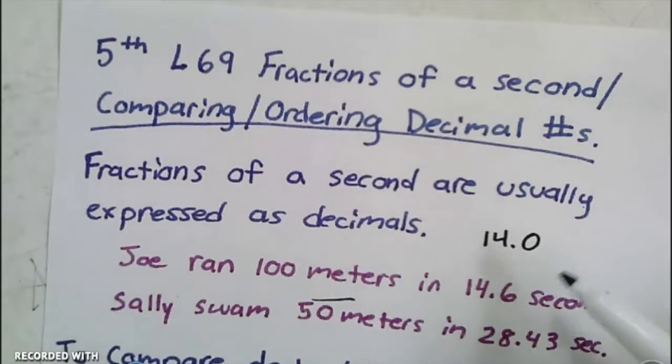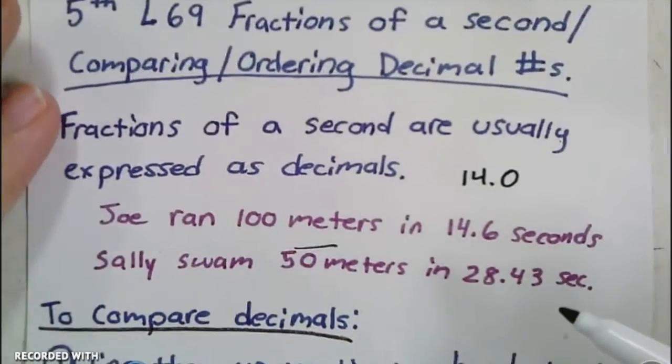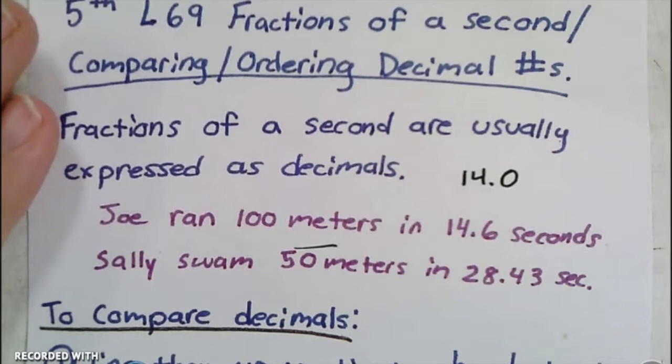The thing you need to know is that when we're measuring something in seconds, it's because we want to be really, really precise about the time. If you had a stopwatch in front of you and tried to stop it right at 5 seconds, I don't think you'll be able to, because it takes your brain a fraction of a second to tell your hand to move and for your hand to hit the button.